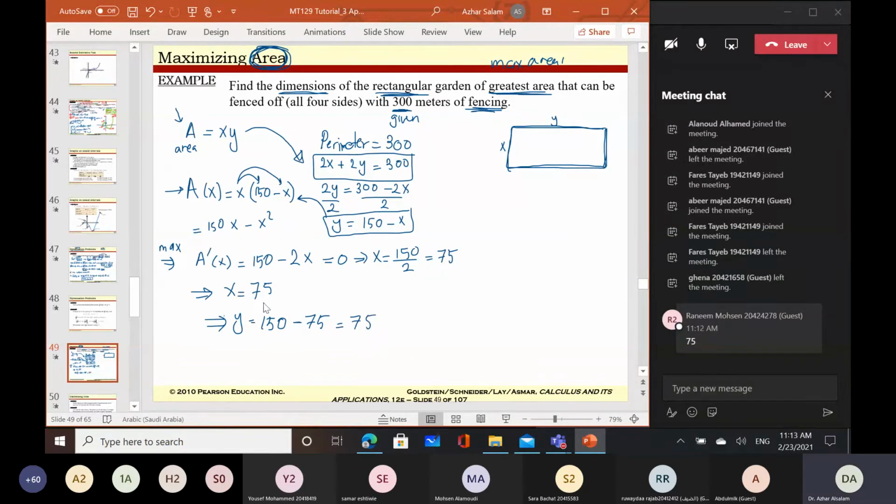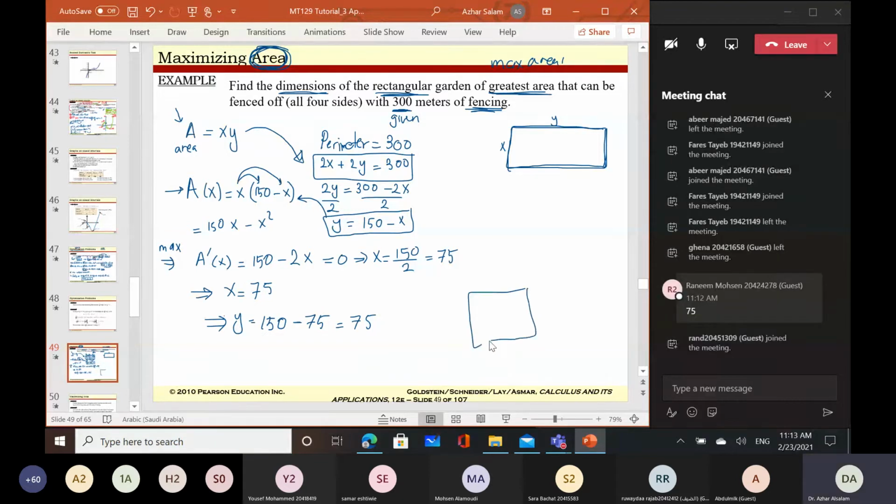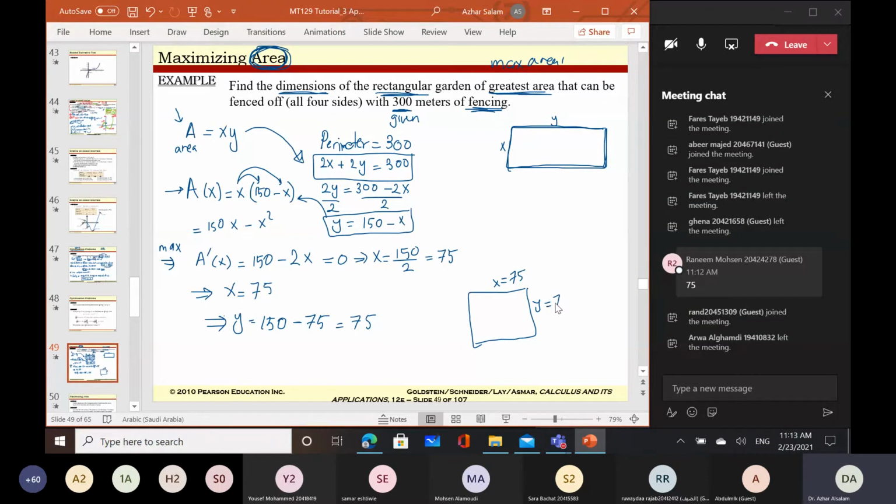So I have two equal dimensions, so the rectangular area will be a square area. Okay, it will be a square. Yes, 75. Here I have x equals 75 and also y equals 75.